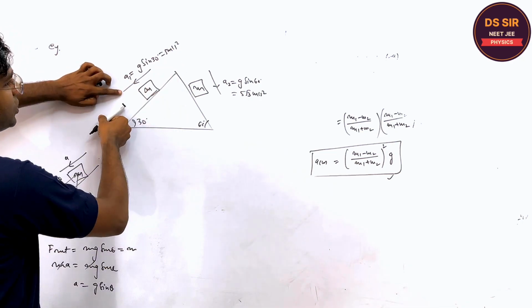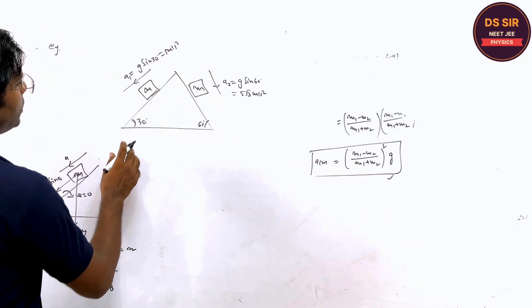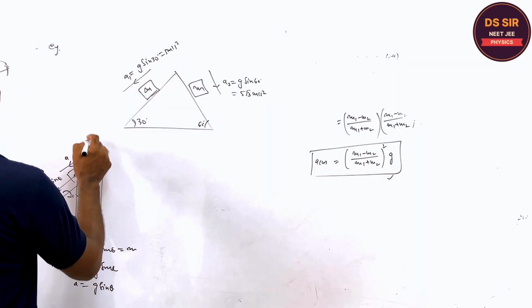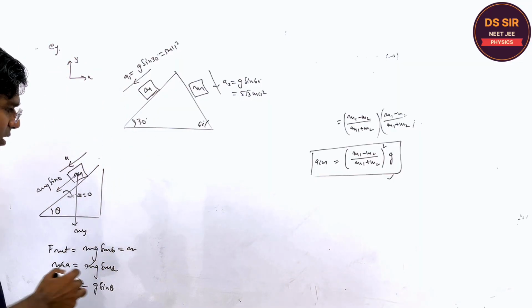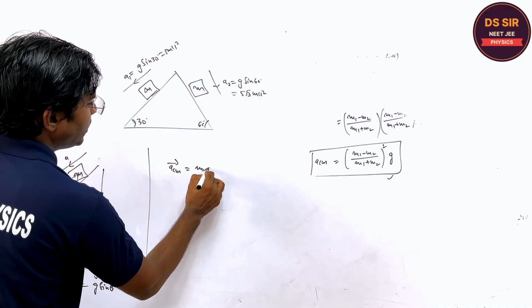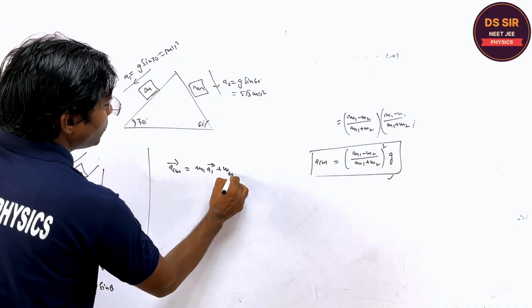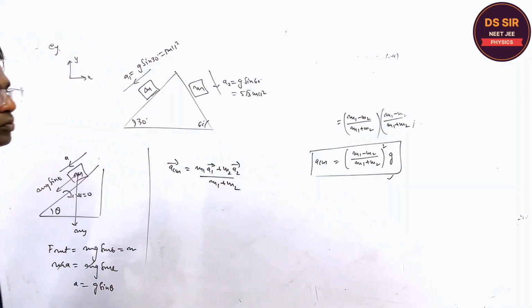So this is the acceleration of A1 and A2, but acceleration is a vector quantity. So what do we assume? If I assume this is the x-axis and the y-axis, right? So how to find the acceleration of center of mass? M1 A1 plus M2 A2 divided by M1 plus M2.